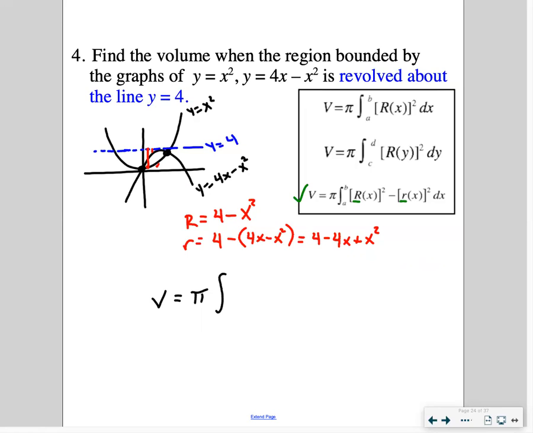It would be at 0 and at 2. Those would be the 2 points of intersection, because that would give us this region right here. And then you just subtract: 4 minus x squared minus 4 minus 4x plus x squared dx, and that's exactly what you'd put in your calculator.